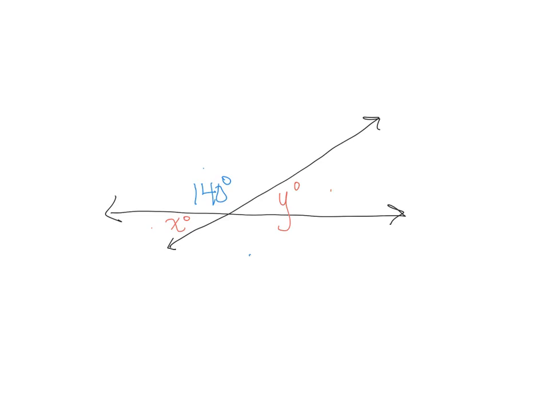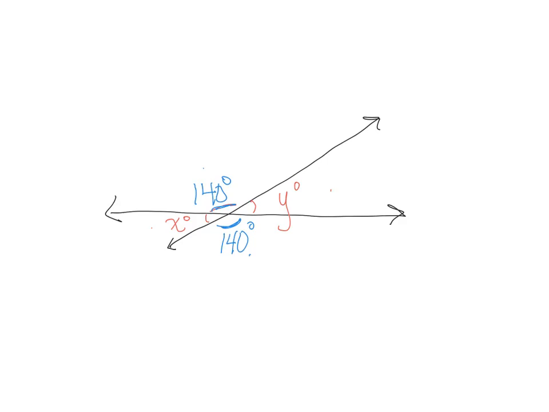Now I know since this angle here and this angle here are both the obtuse angles, then they are congruent because they're vertical angles. So that means they're both 140 degrees. I would also know that since the red angles are the 2 acute angles, they are vertical, so they're also going to be the same measurement.